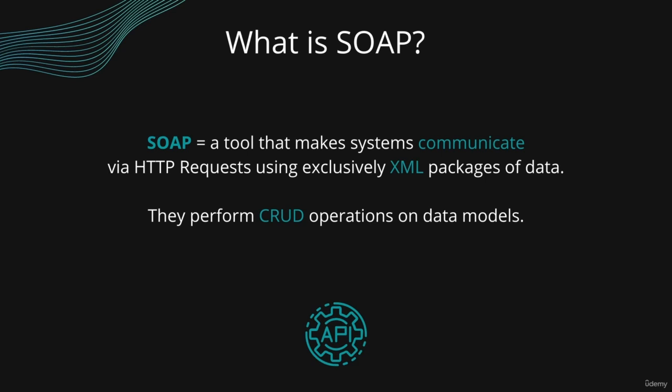A few examples of data models that can be manipulated might be a user, some general objects, and so on. The SOAP API's requests can then be used with all those languages that support web services like JavaScript, Python, or C# to name a few.